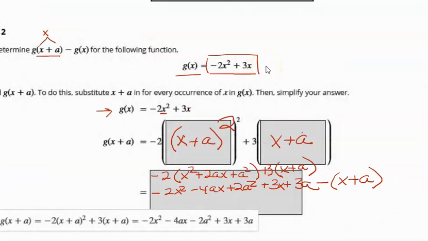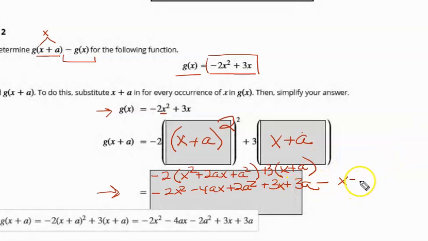Now I've shifted the screen so we could see it a little bit better. So it's negative x. So negative, there's my negative. And again, my x is x plus a. So removing these parentheses, this becomes a negative x here. I can just erase that. And this will become a negative a.